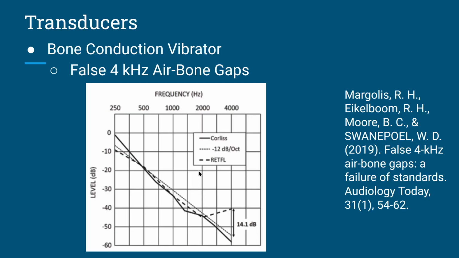But we see the RETFLs, these correction factors that convert dB in force to dB HL. You can see that there's this gap of 14 dB, which shouldn't be there. And those are incorporated into the standards for various reasons.